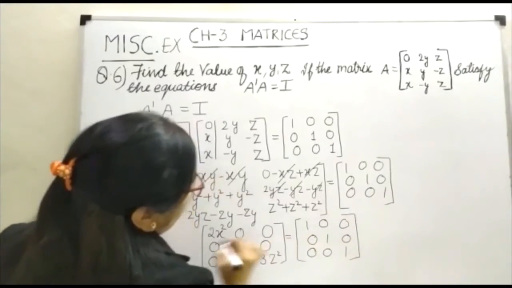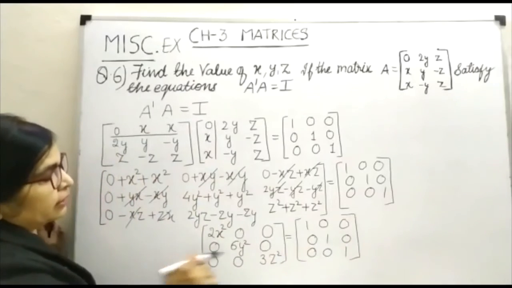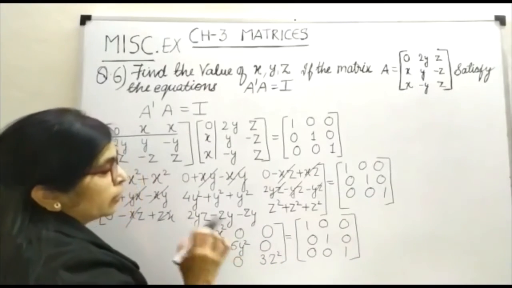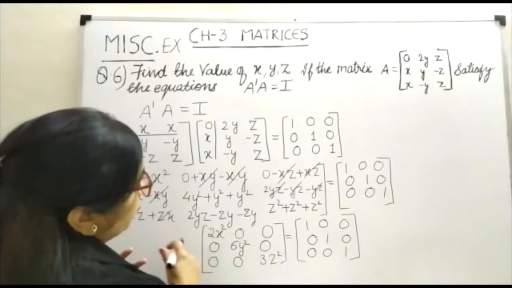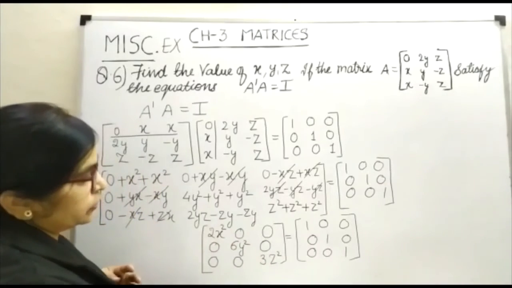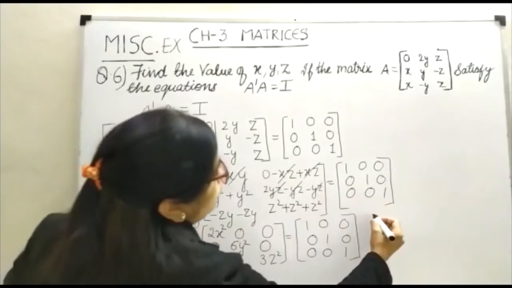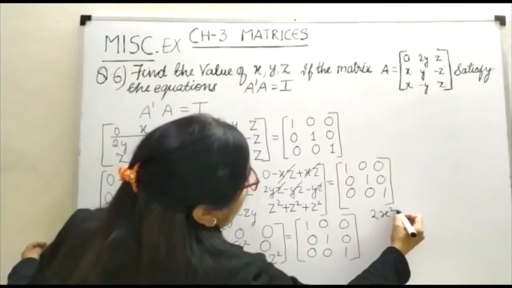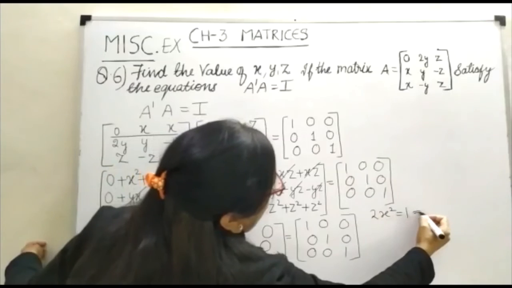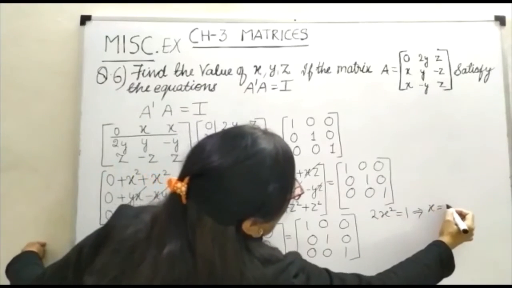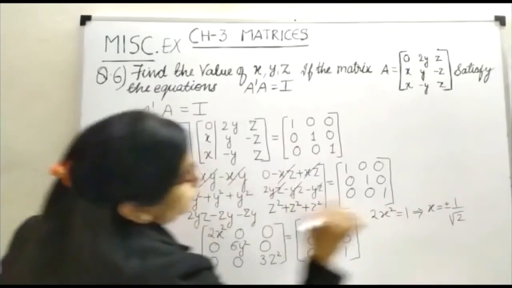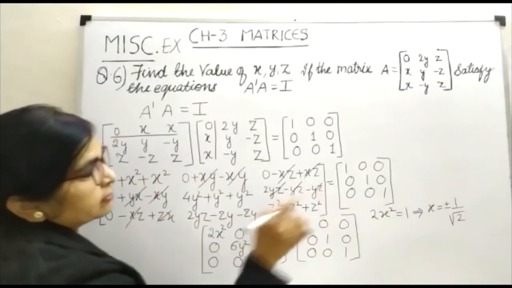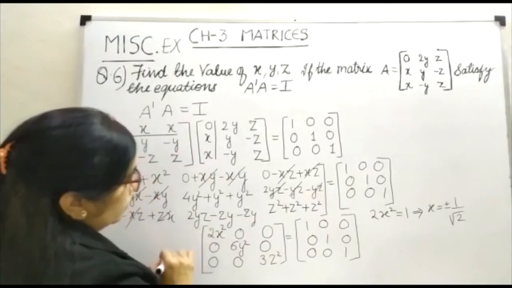Now you can see that between these two matrices we have an equal sign, so their corresponding elements should be equal. Only the elements at the diagonal positions matter, so just equate them. You get 2x square is equal to 1, which implies x square is half, and x is equal to plus or minus 1 upon under root 2.